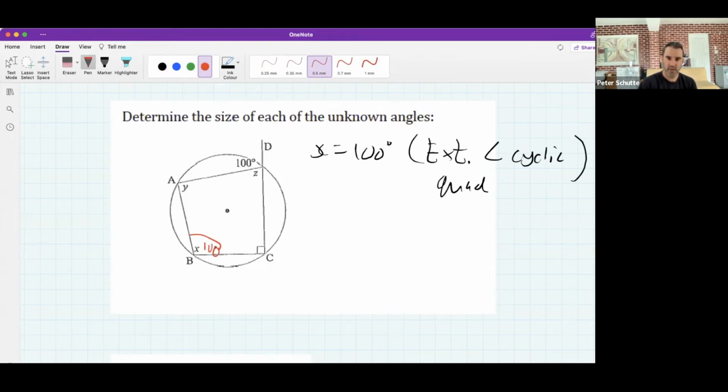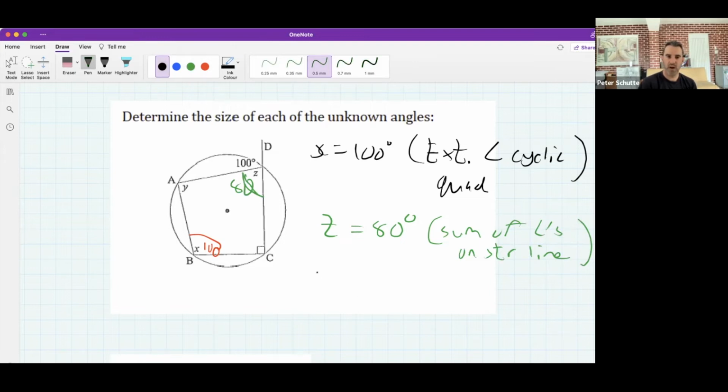Thanks, David. Then I see Loretta has said Z is equal to 80. And I think I would just say sum of angles or angles on a straight line. So basically, that has to be 80.